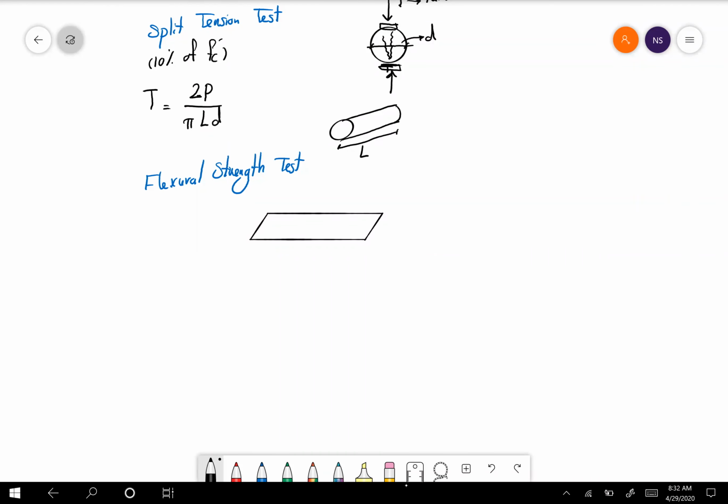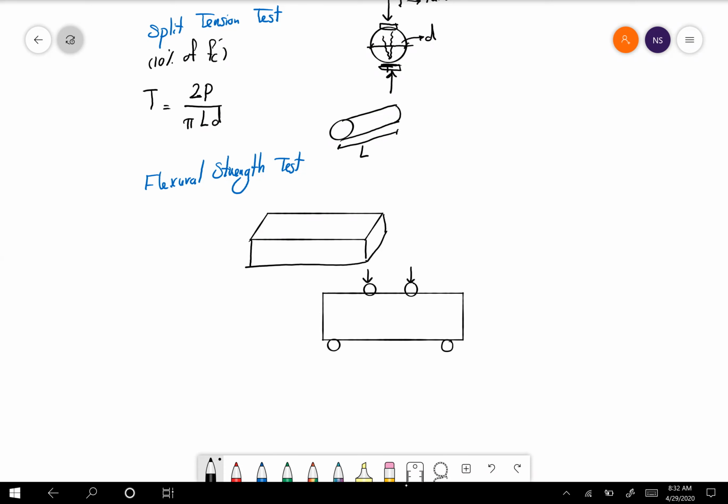And this time, instead of a cylinder, you have a small beam that, if you look at it sideways, you place on two supports like that, and then you apply pressure through two points.